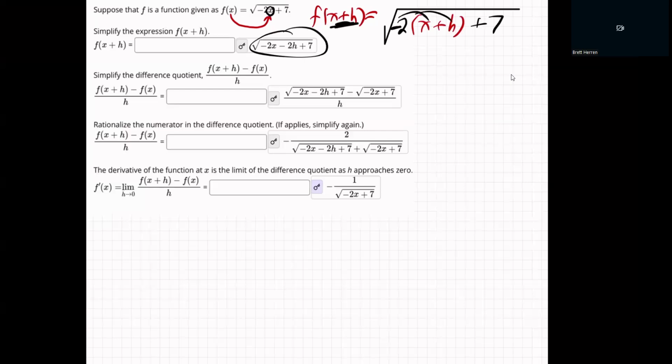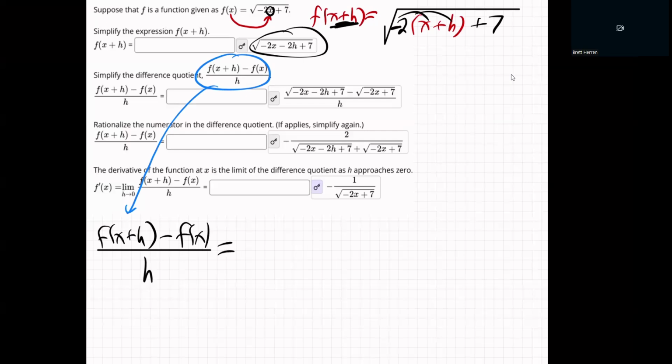Now to get the second one, grab it, bring it on down. So we want to get f of x plus h minus f of x all over h. So what's that going to look like? First off, f of x plus h. Well, we just found f of x plus h right there.